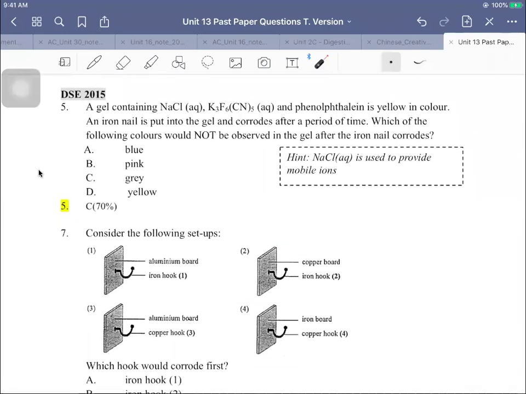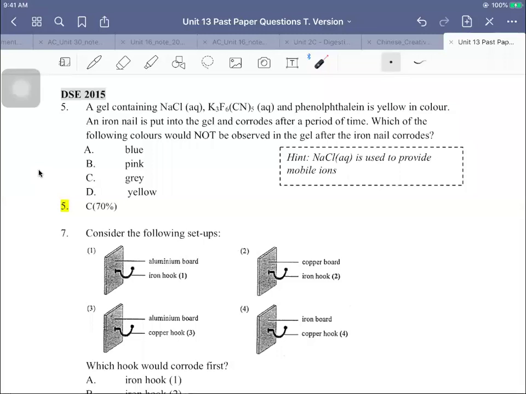Okay, this one is pretty straightforward. A gel containing sodium chloride and the thing in the middle, and then phenolphthalein, which is yellow in color. And after some time, which color will not be observed? Okay, so sodium chloride, as stated in the hint, provides the mobile ions. And the thing in the middle, that's the rust indicator.